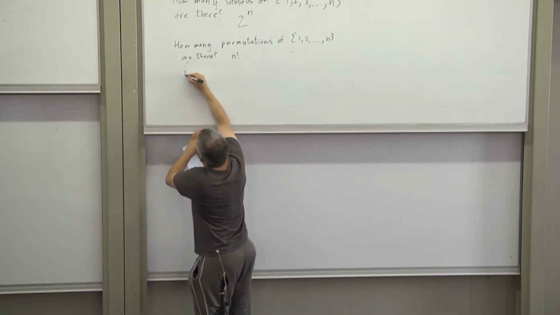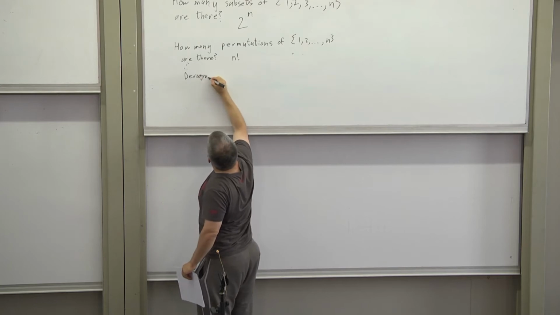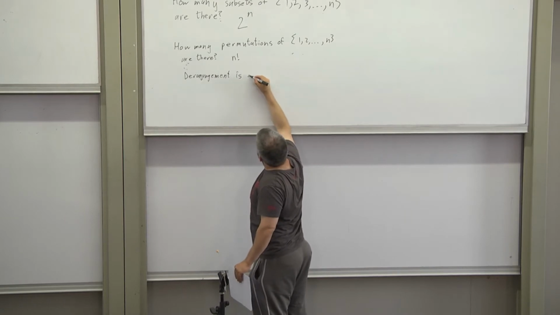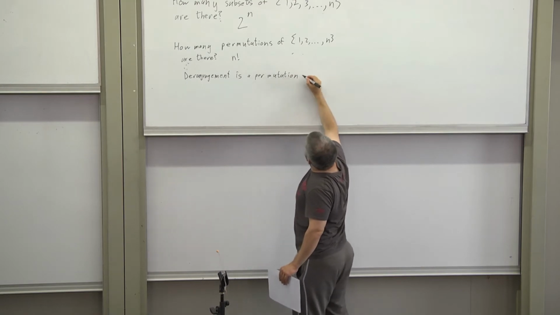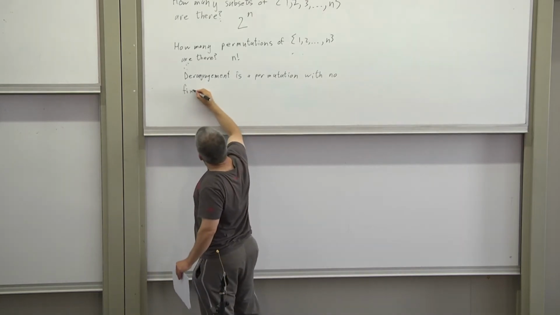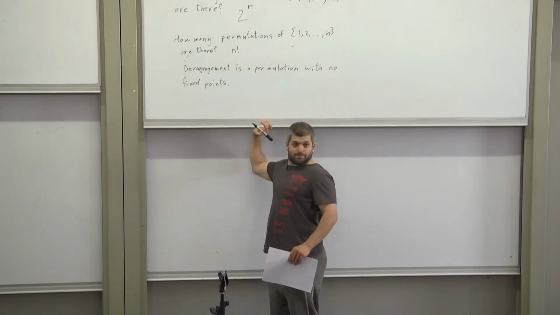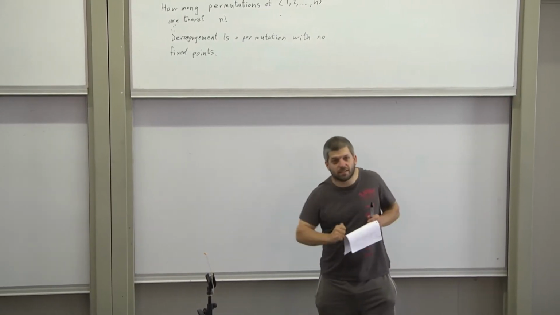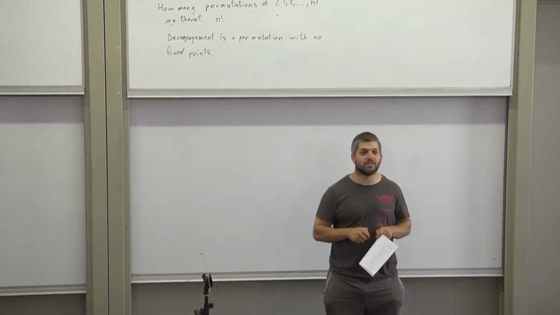A derangement is a permutation with no fixed points. So you're going to arrange the numbers from 1 to n, but you can't put 5 in place 5, 4 in place 4, 2 in place 2, and so on.